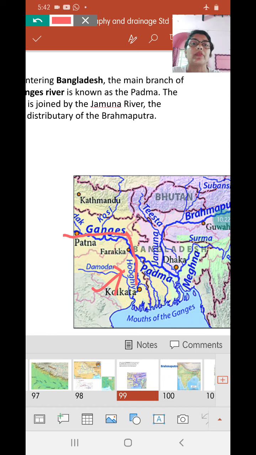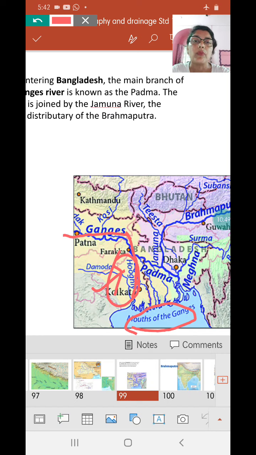So when the area becomes extremely gentle, all the sediments get deposited at the mouth, or in these gentle areas, and then the main river branches out into distributaries. So one of the distributaries of river Ganga enters West Bengal, and now it flows as river Hooghly, not as river Ganga anymore, and enters into the Bay of Bengal.